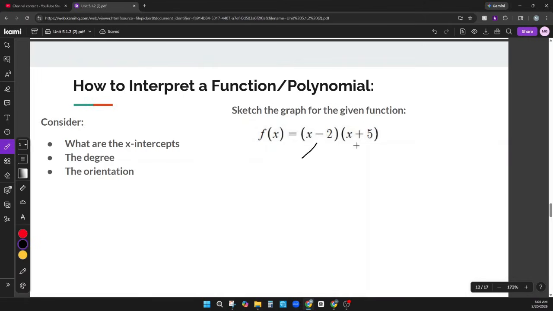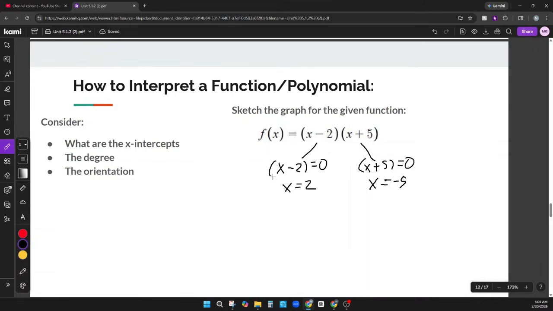Thankfully, that's not too difficult because we are given this function in factored form. So I know that in order to get my x-intercepts, that happens when x minus 2 is equal to 0, and when x plus 5 is equal to 0. Doing some quick solving, this happens when x is 2, and when x is negative 5.